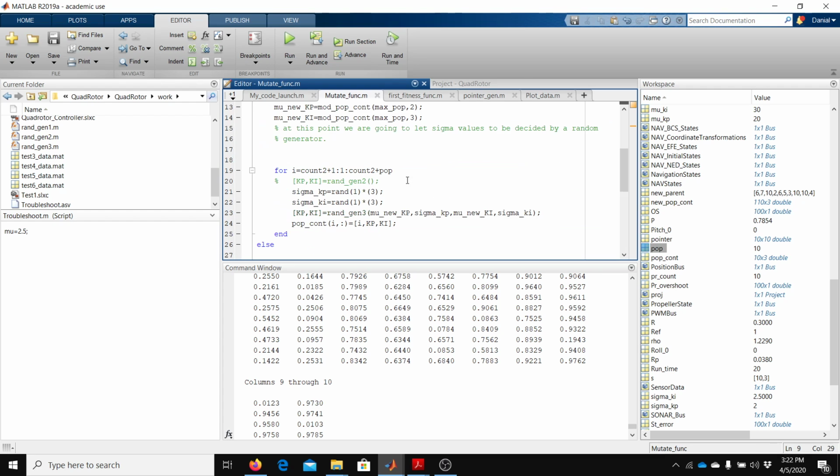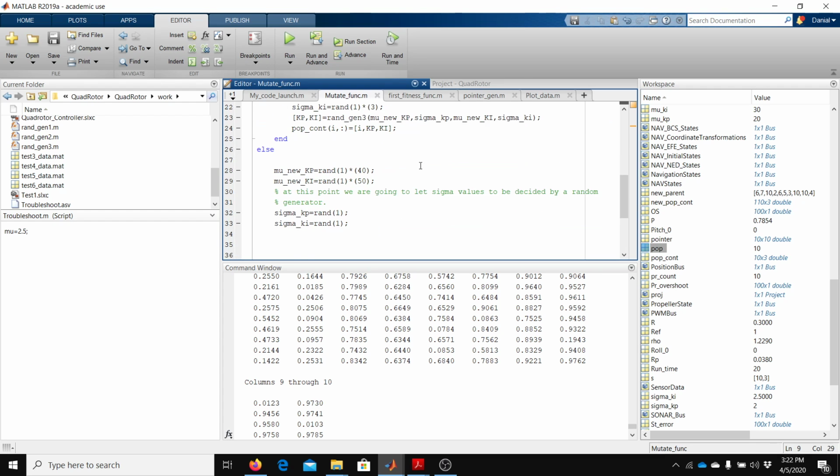In that case, we create a new mu and a new KI value, and those new mu's are randomly generated. The maximum value I expect my KP to be is, let's say, 40, and the maximum value I take for my KI is 50. This will create a new mu and a sigma variation. For simplicity, we have kept sigma between 0 and 1, which makes sense if you have taken any normal distribution statistics classes.